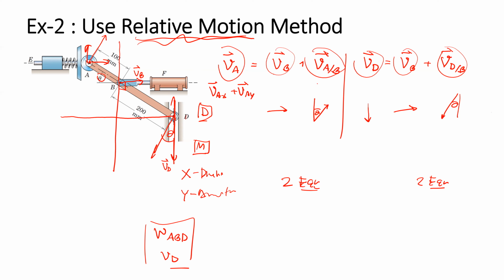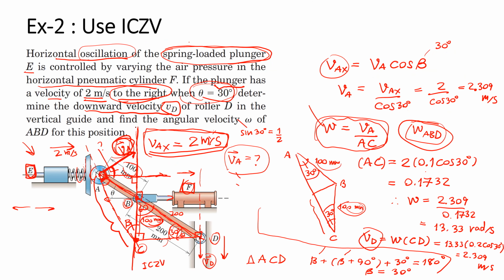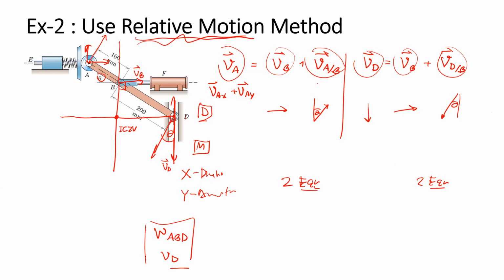And at the intersection point between the perpendicular lines, it's gonna be the ICZV point, and we apply the idea, like we try to use the given information to obtain the omega about the ICZV, which is the omega of the link ABD.